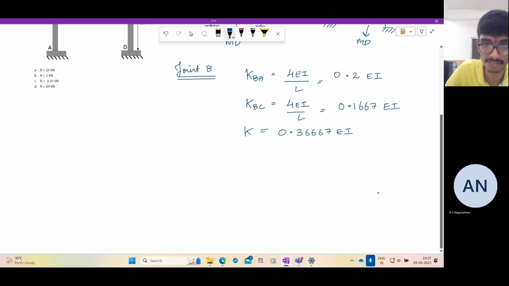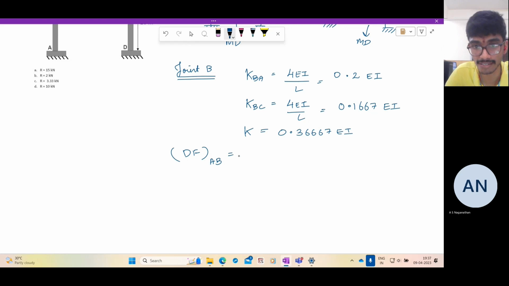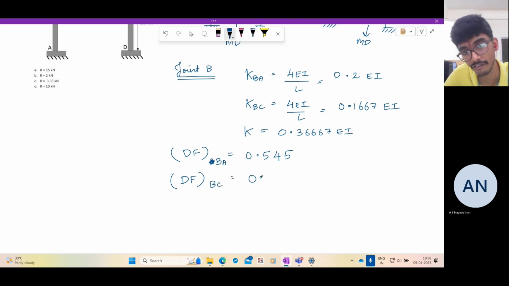And the distribution factors, if you compute, turn out to be 0.2 by 0.3667, which is 0.545. So you'll get 0.545. Let me truncate to 3 decimal digits. And the distribution factor for the span BC is 0.455.